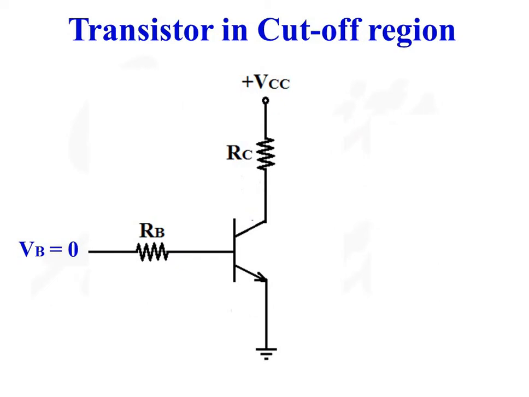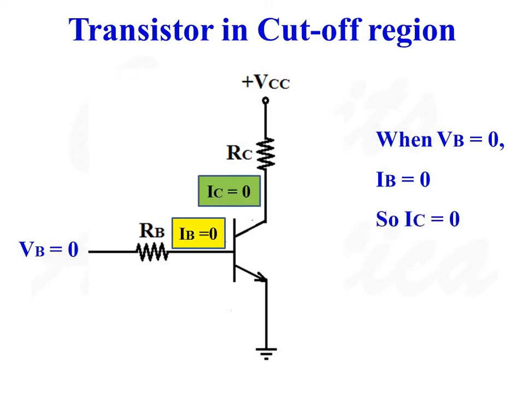Now let us consider a transistor in cutoff region. A transistor will be in cutoff region if its base current is equal to 0. So here the voltage VB is equal to 0. As voltage VB is equal to 0, there is no base current for the transistor. Base current IB is equal to 0. As base current IB is equal to 0, collector current IC is also equal to 0.